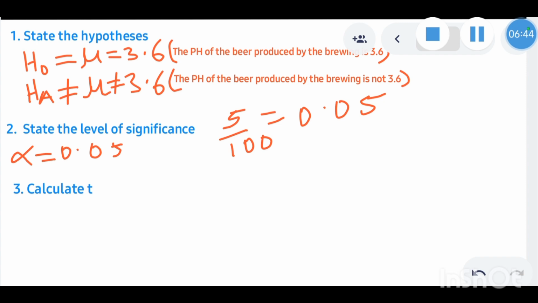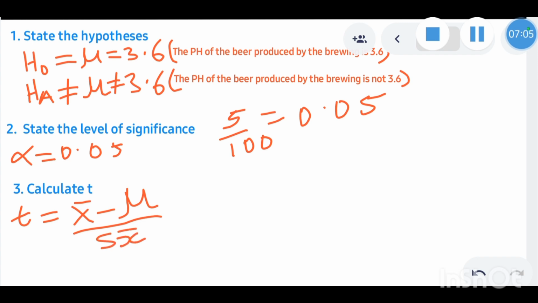Step 3 says calculate t. So we have a unique formula for calculating t. It goes t equal the sample mean minus the population mean over the standard error of the mean.